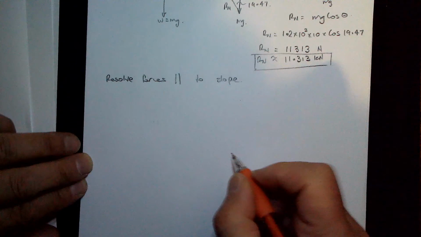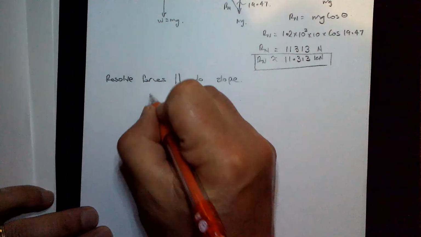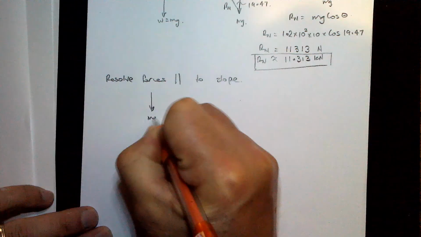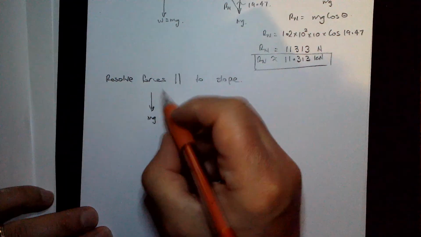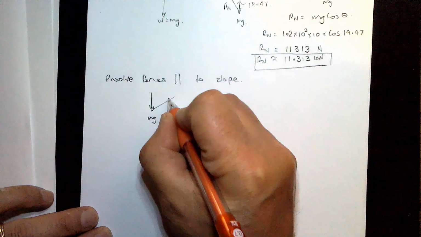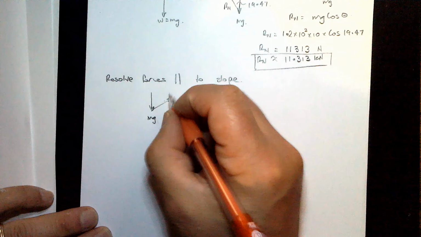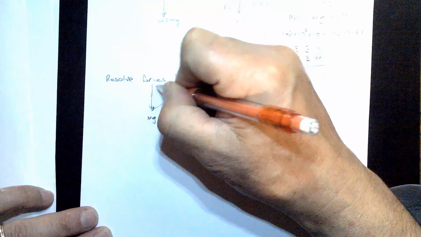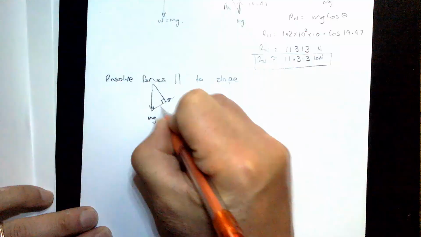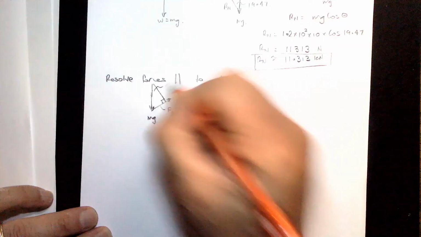We have mg acting straight down, and we have the frictional force acting in that direction. I'm going to complete that triangle. That's what we're trying to find, we know that's mg, and that angle is 19.47 degrees.